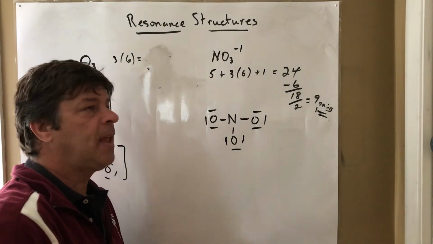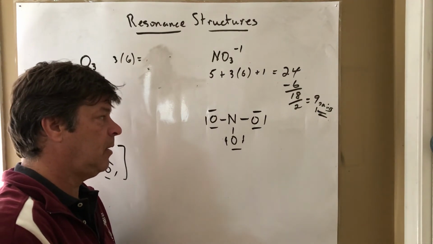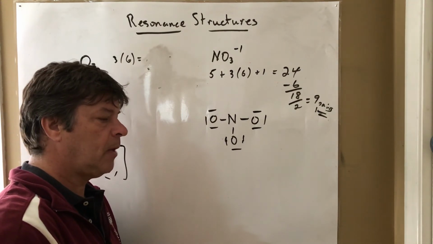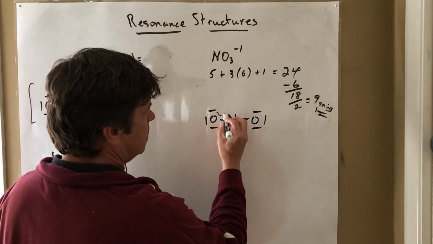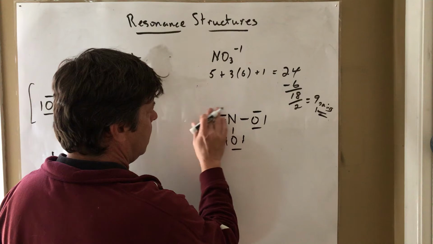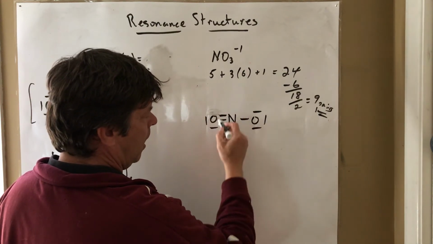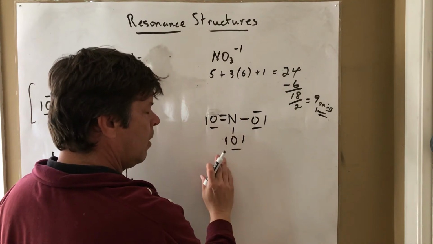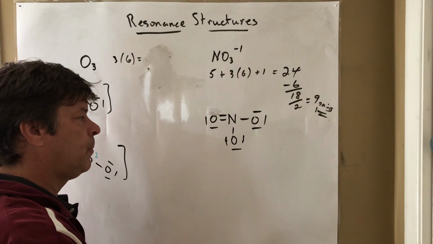Does that follow the octet? Nitrogen has to follow the octet. Oxygen has to follow the octet. Nitrogen is short 2 electrons, so we can do the slide. We'll slide these 2 in between. And now around this oxygen, we still have 8. Around nitrogen, we have 8 as well. So that's the Lewis dot structure for nitrate.